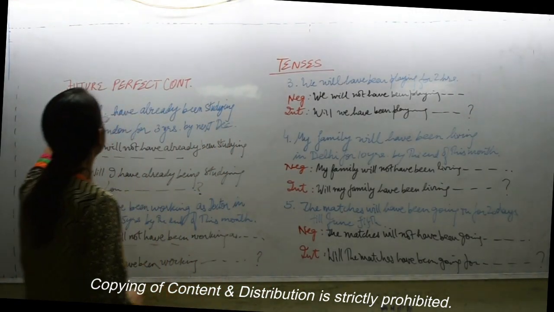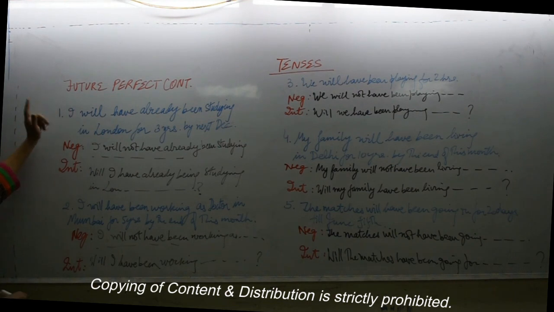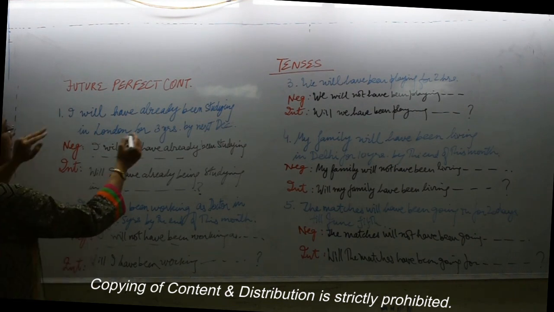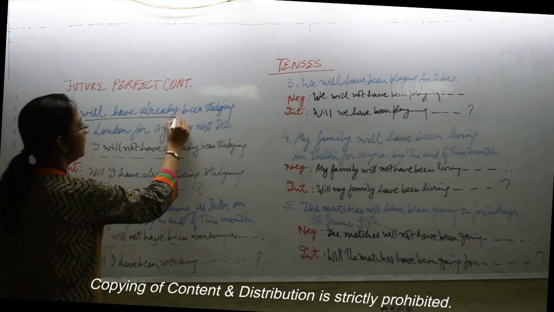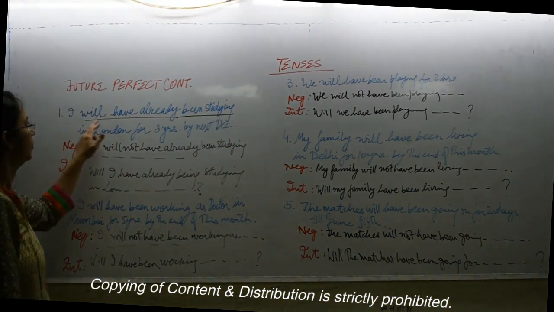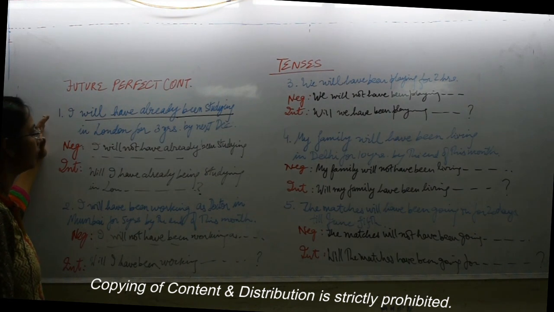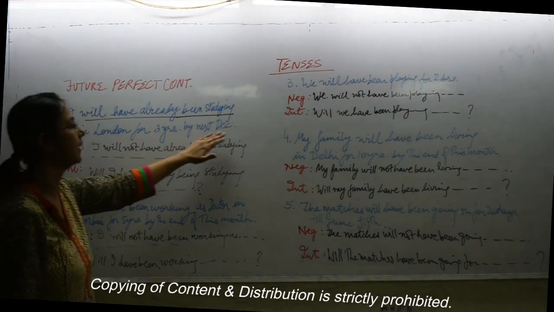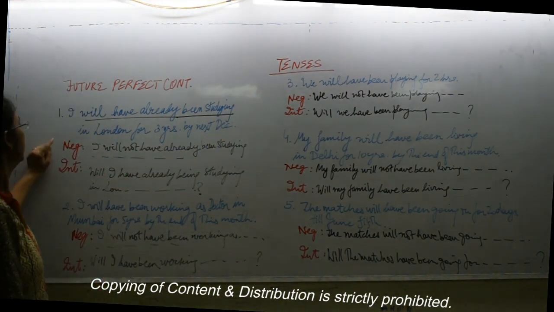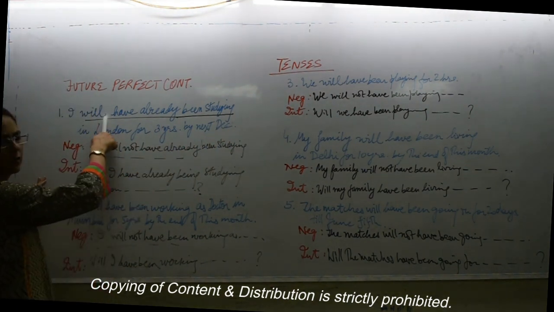So, in future perfect continuous, we will see I will have already been studying. Will have and been studying. So, I will have already been studying in London for 3 years by next December. Negative, you just have to put not.